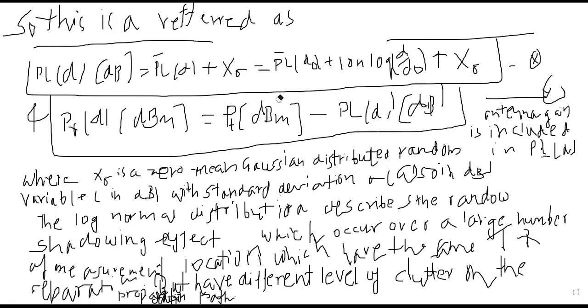So how do we calculate the path loss exponent? There is one diagram in graph form.